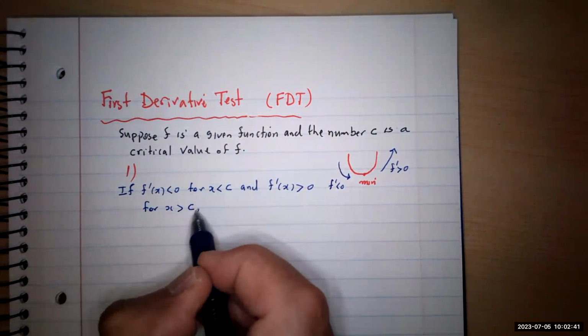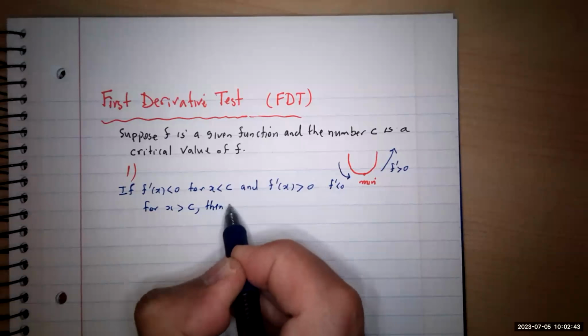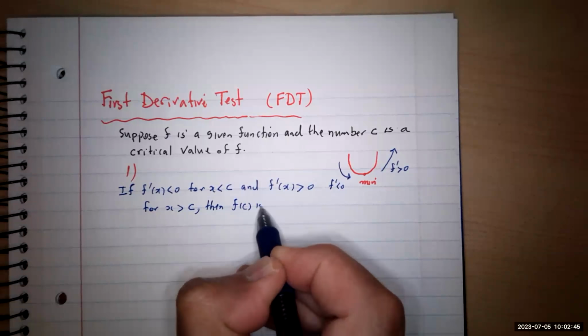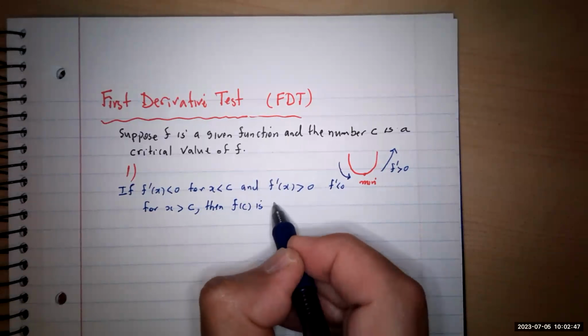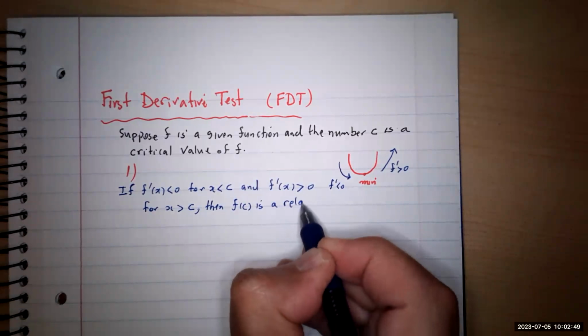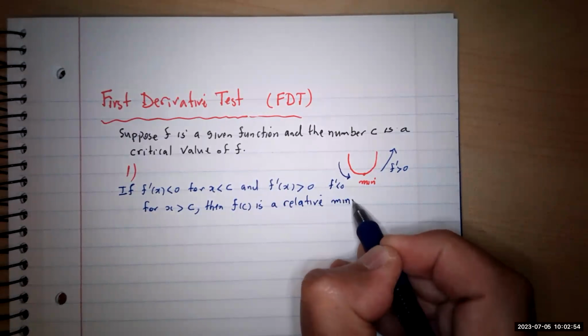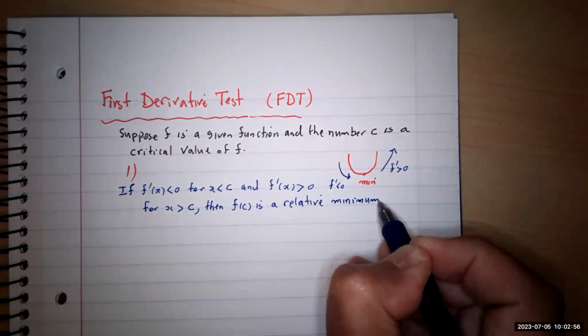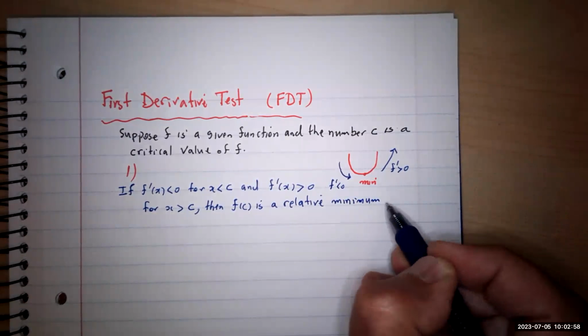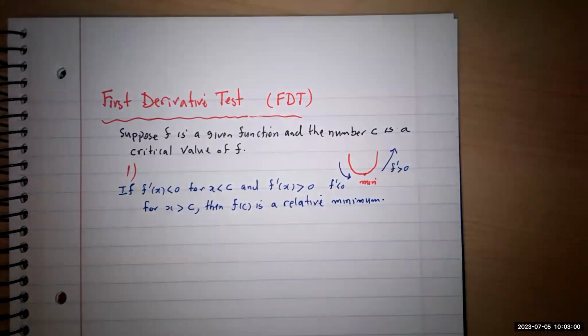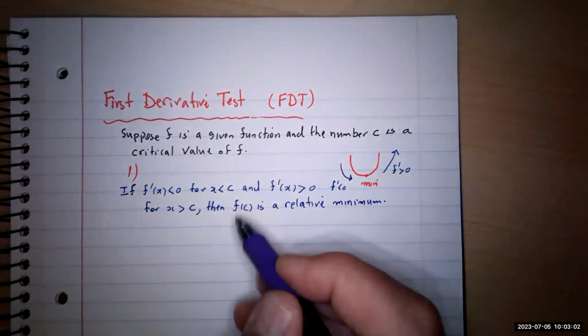If this is going to be the case, then f of c is a relative or local minimum value of f, or just relative minimum, you know that. Okay, so that's the case for the relative minimum.